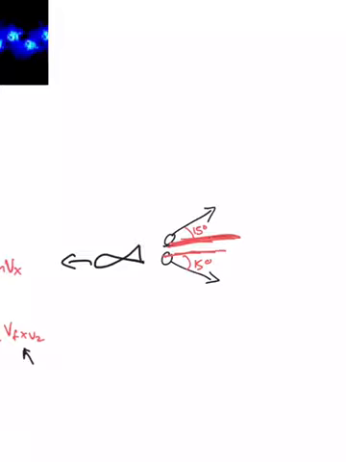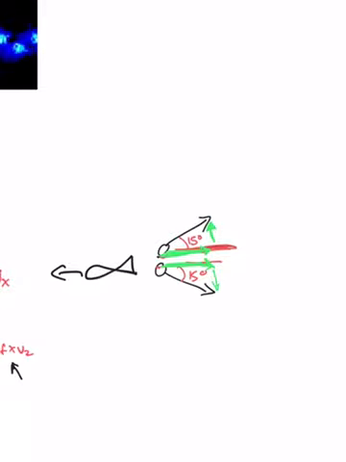So our x component is something like this, and we have a y component like that. This one has an x component like this and a y component like that. We know the speed of the vortices is 10 meters per second.